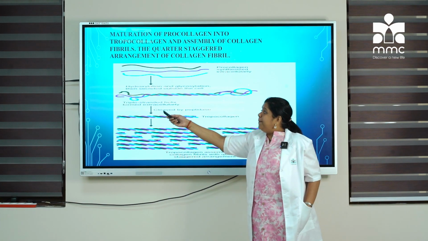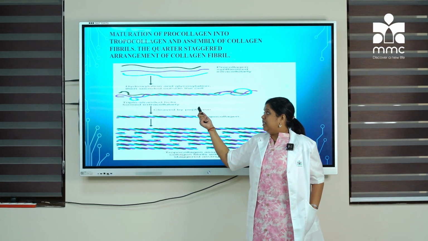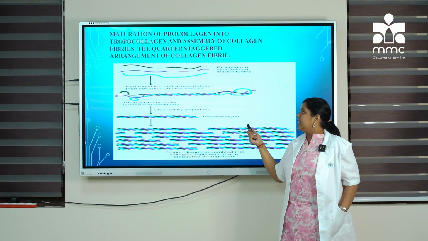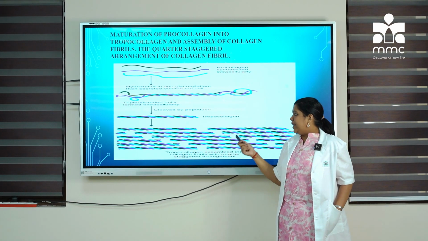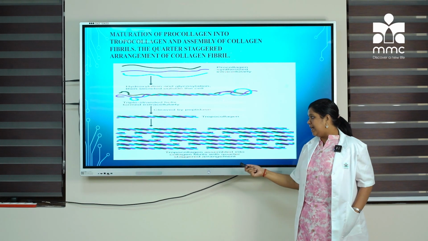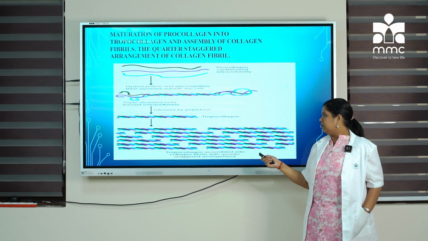Then the triple stranded helix structure is formed extracellularly. It is cleaved by the peptidase. Then tropocollagen is formed. Then tropocollagen is assembled into collagen fibrils with a quarter staggered arrangement.